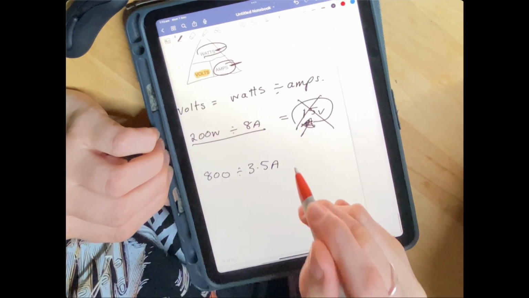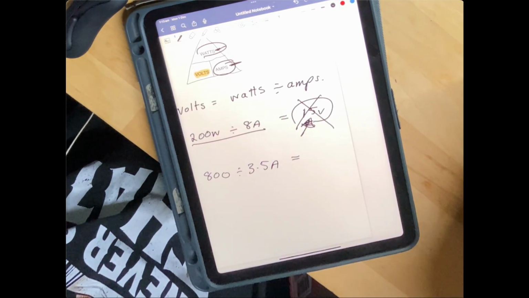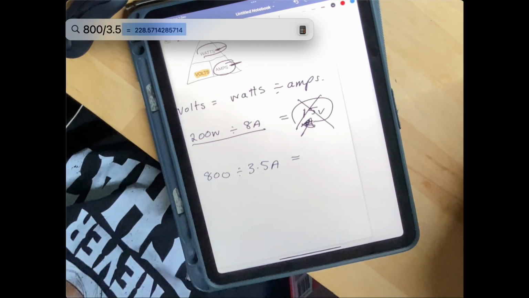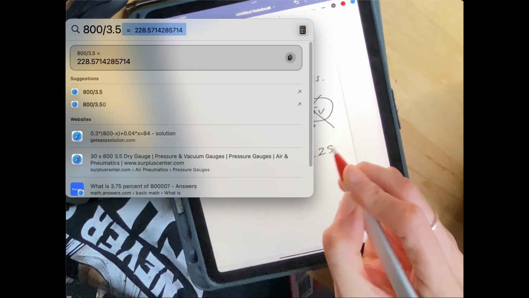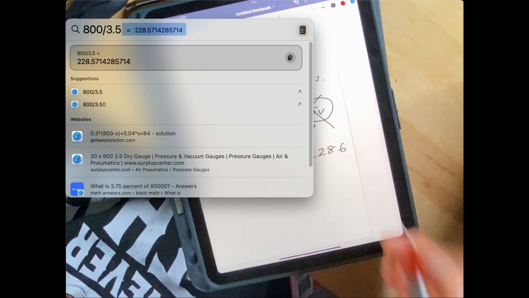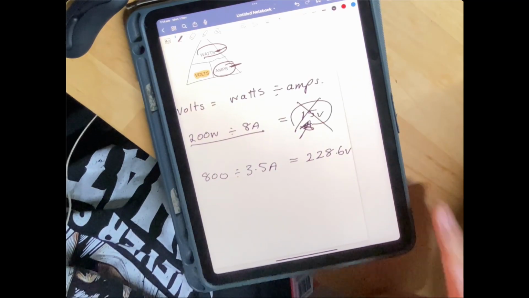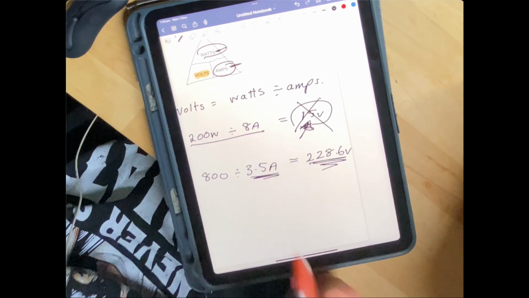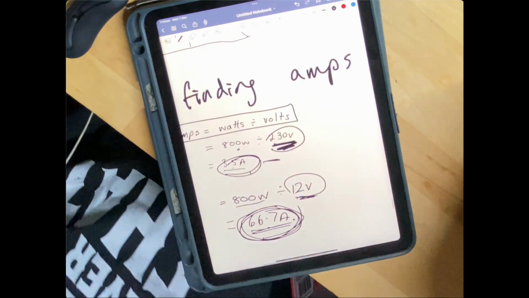And that will give us, if we use our calculator, 800 divided by 3.5 gives us 228.6 volts. Basically 230. The reason that doesn't equal 230 is because this figure of 3.5 amps was rounded. So if I need to prove this to you, don't I? I know I do.